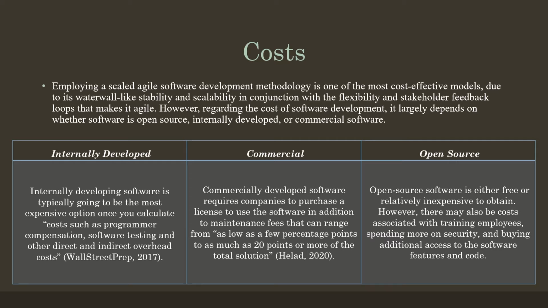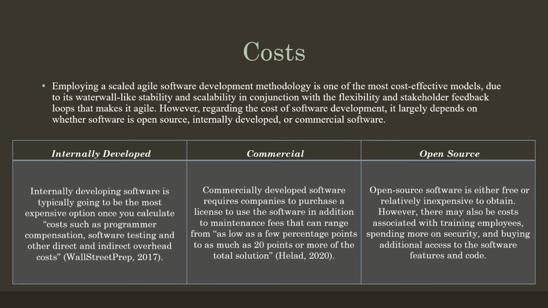Commercially developed software requires companies, or in this case, the U.S. federal government, to purchase a license to use the software in addition to the maintenance fees that can range anywhere from as low as a few percentage points, like maybe 2%, or up to around 20% or more of the total solution, right? So it's less expensive than internally developed software.